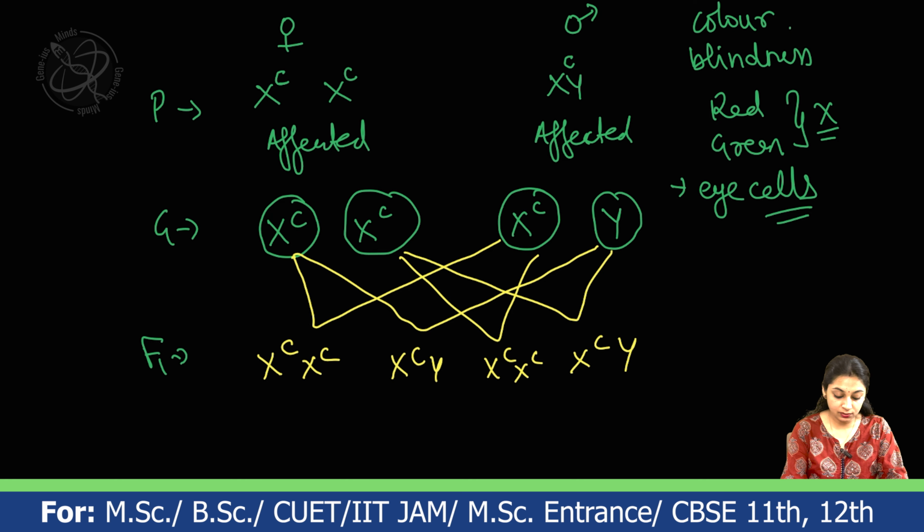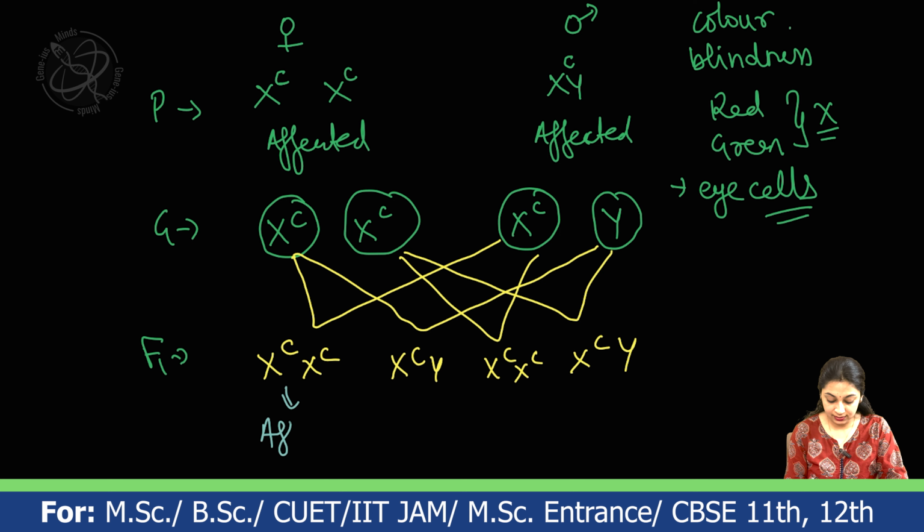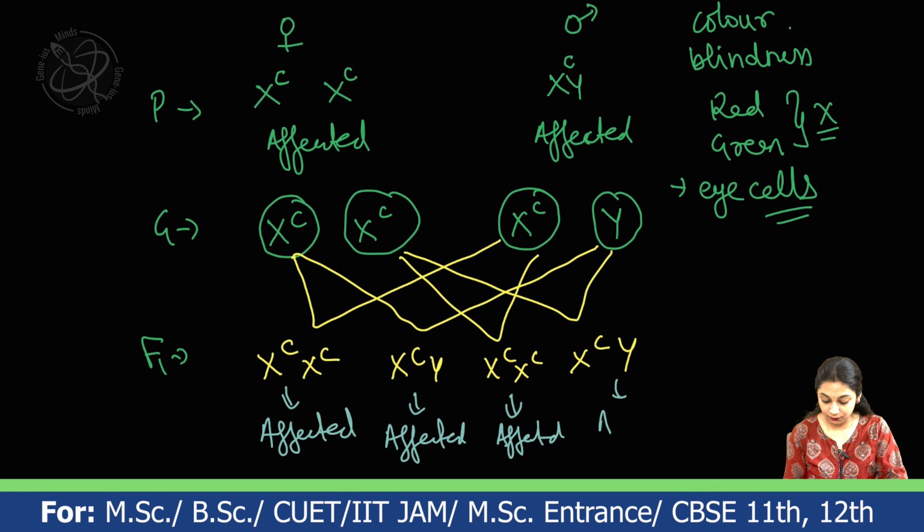Now, when you look at this cross carefully, this female is affected since both the X chromosomes are affected. This male is affected, this female is also affected, and this male is also affected. It means if both the parents are colorblind, for sure the children are going to be colorblind. So this is the first case.